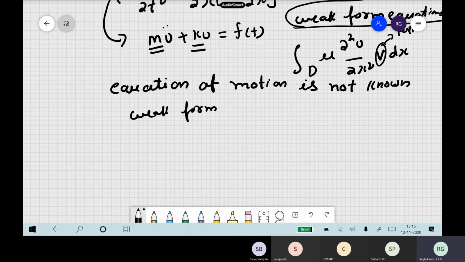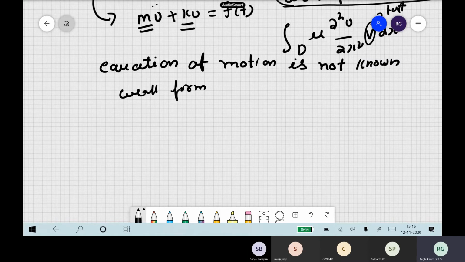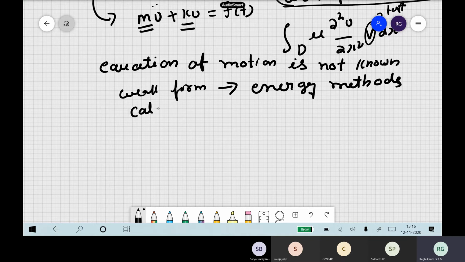But if I don't know the equation of motion, what do we do in FEM generally? For example, I want to find the self buckling of a column. I have some complicated problem where I cannot draw the free body diagram, and I cannot derive the equations of motion. In those cases, to derive the weak form, you remember, previously in FEM courses we use energy methods, calculus of variations.